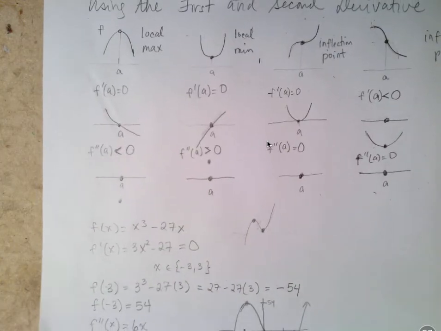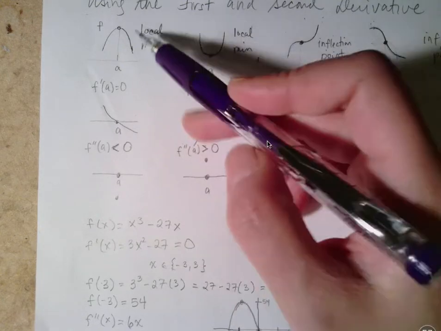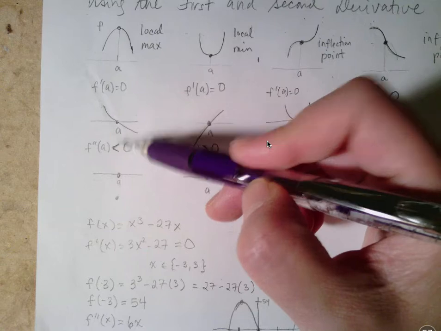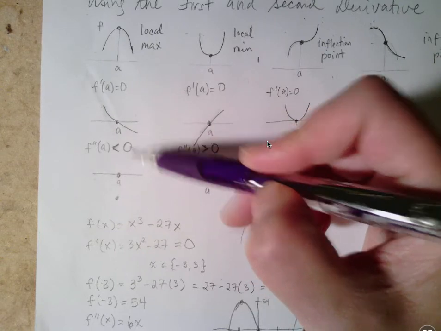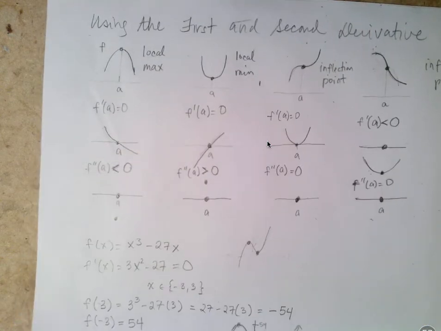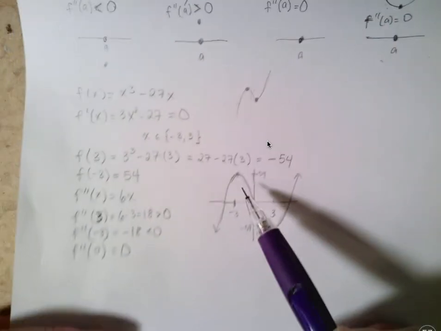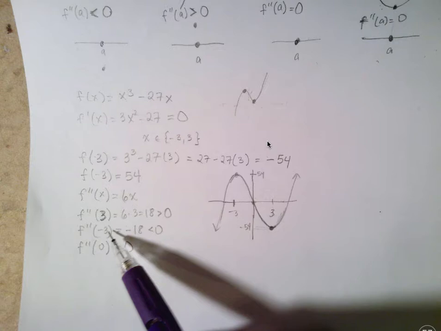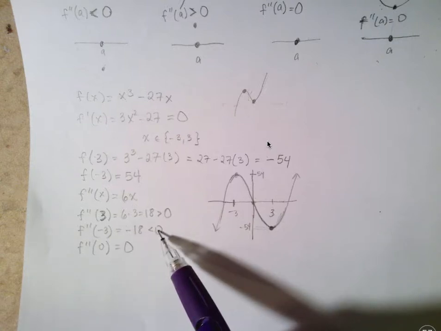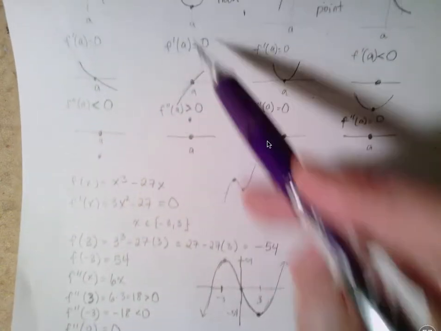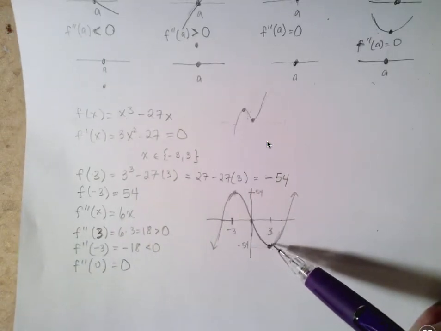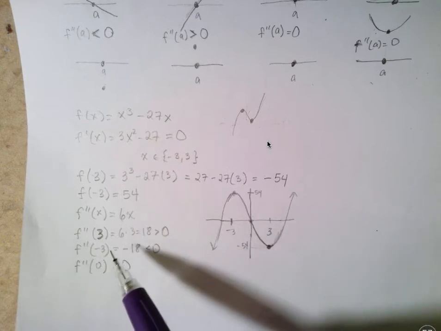So you can compare the values, right? At a local max, the second derivative is negative. And at a local min, second derivative is positive.